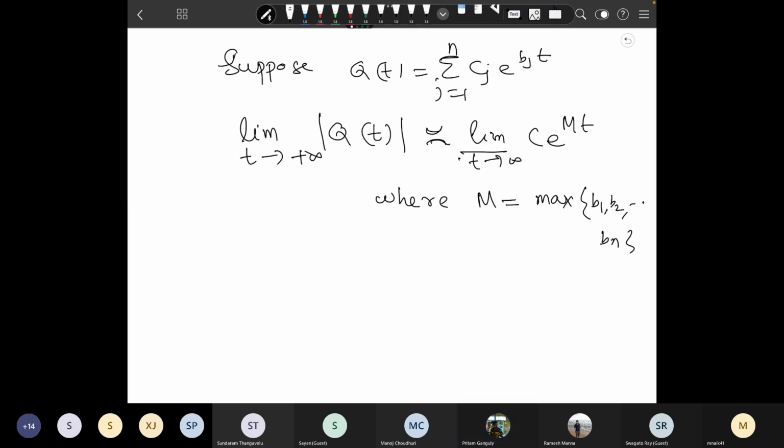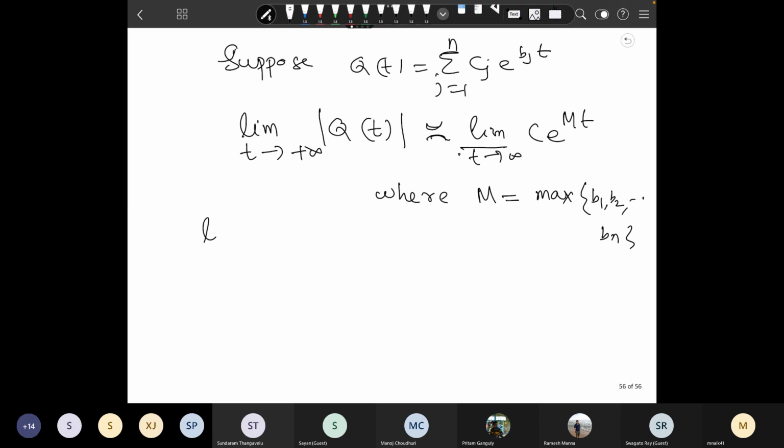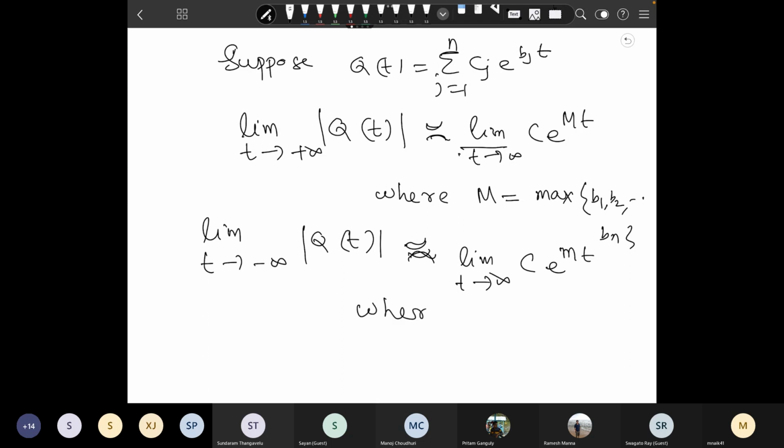Now, similarly, if you take the limit t tends to minus infinity, then this will actually become controlled. This is comparable to some constant times e^(mt), where m is the minimum of b1, b2, ..., bn.